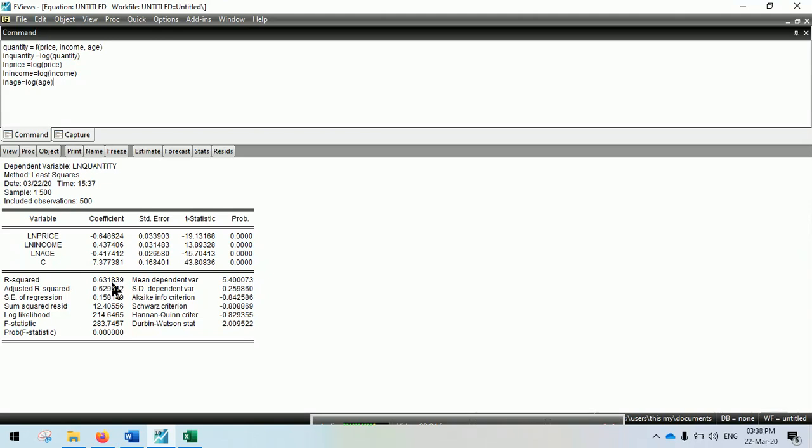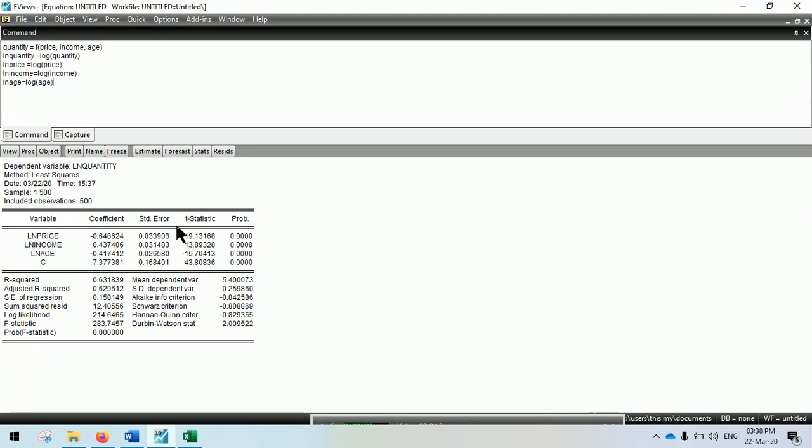So I'm just going to explain this now. Now we have the price, which must also be a negative sign. So I can say now a 1% increase in price leads the quantity demanded to decrease by 0.64%. So almost half, which is easier, right? And it's significant.